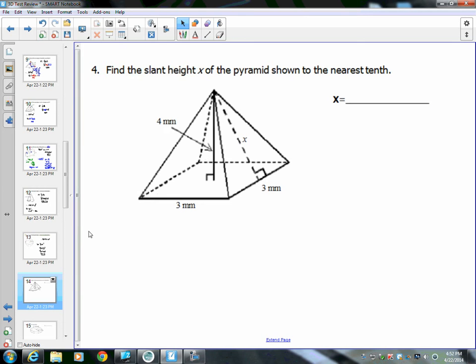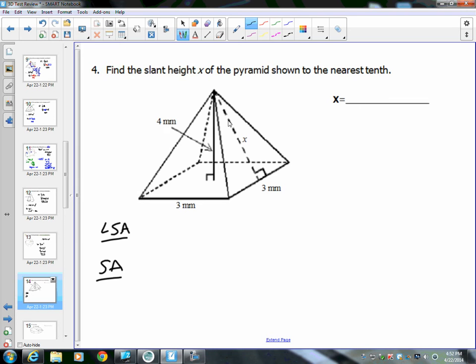So there's lateral surface area that uses slant height. Total surface area also uses slant height. And volume does not use slant height. Now these are the two things that we could use slant height for. But that's not quite what it's asking us.